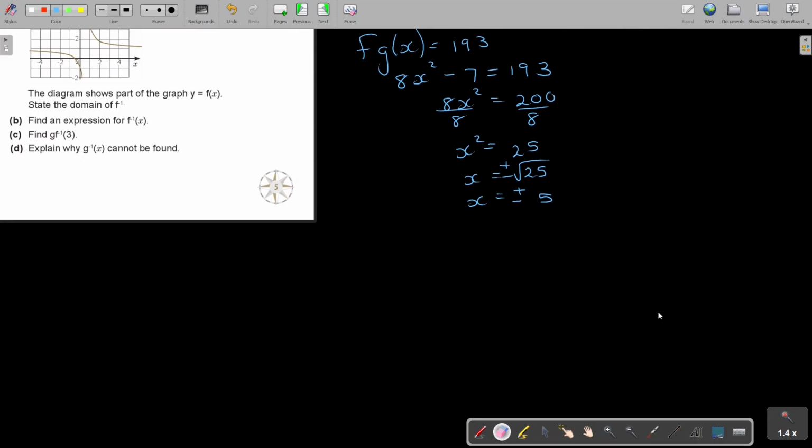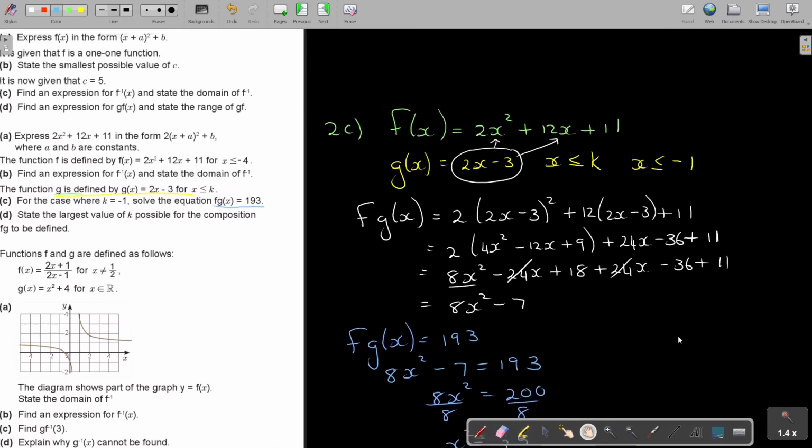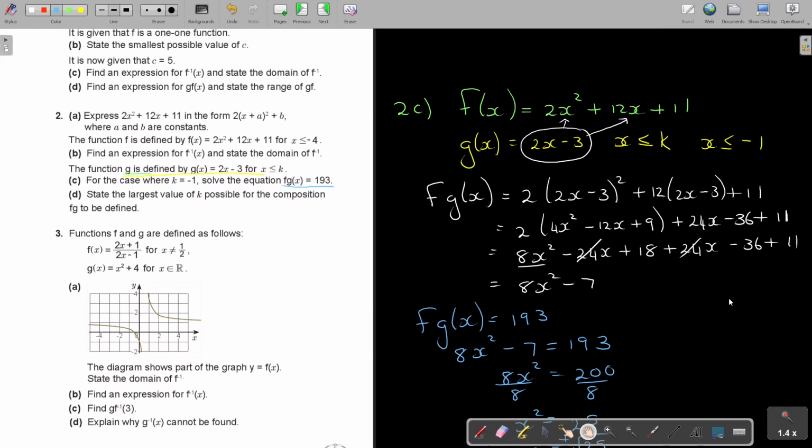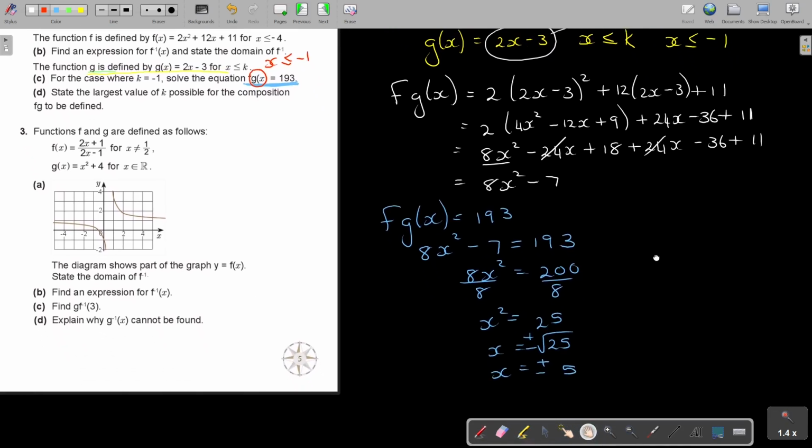Okay, it seems I didn't write the previous one so neatly, so let's just clean it up. Okay, but now the inner function, remember this is now in terms of an equation. Did you see? And can you remember what I showed you in example 1? This is the inner function, and that was x is smaller and equal to negative 1, which determines now the domain in this equation.